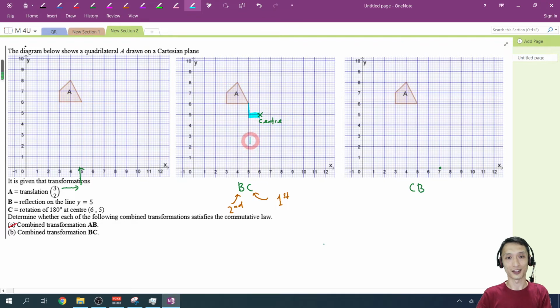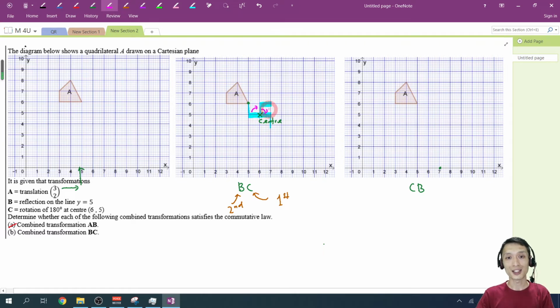1, 1. Okay. Now I'm going to draw the image for this vertex. If I rotate it 180 degrees, 1, 1. Okay, let me draw it. 1, 1. From here, go here is 90 degrees.